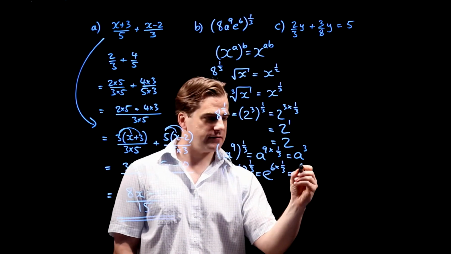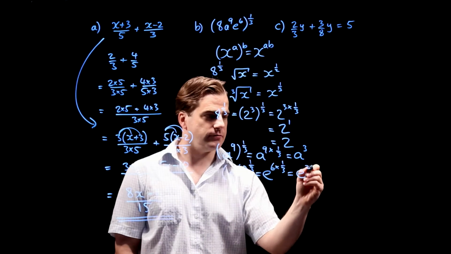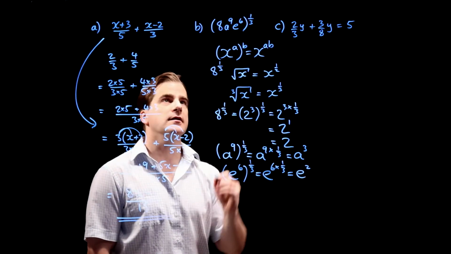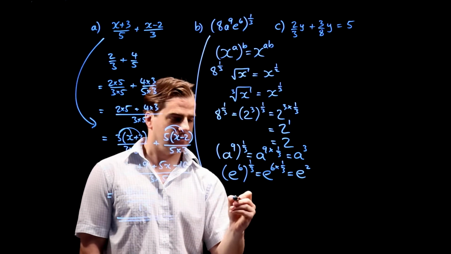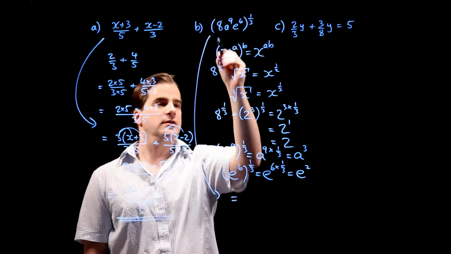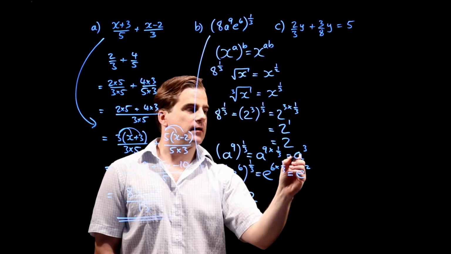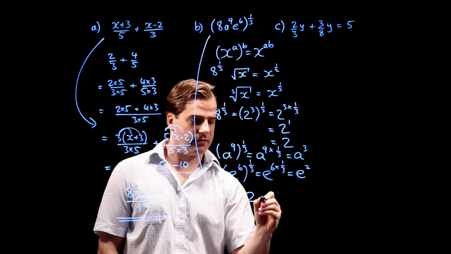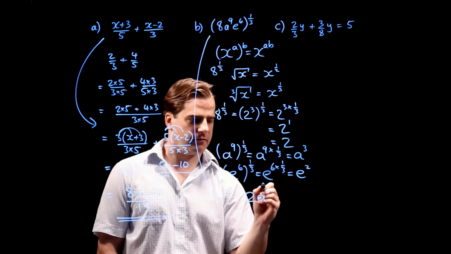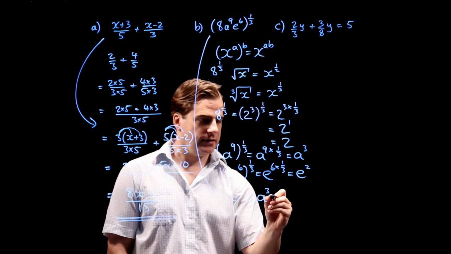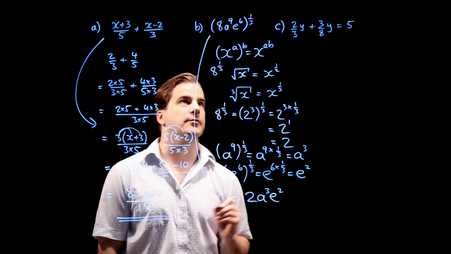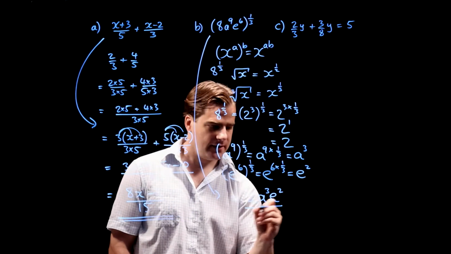A third of 6 is 6 over 3, which is 2. Okay, so that whole thing is equal to 2 from the 8, a to the power of 3, e to the power of 2. There you go.